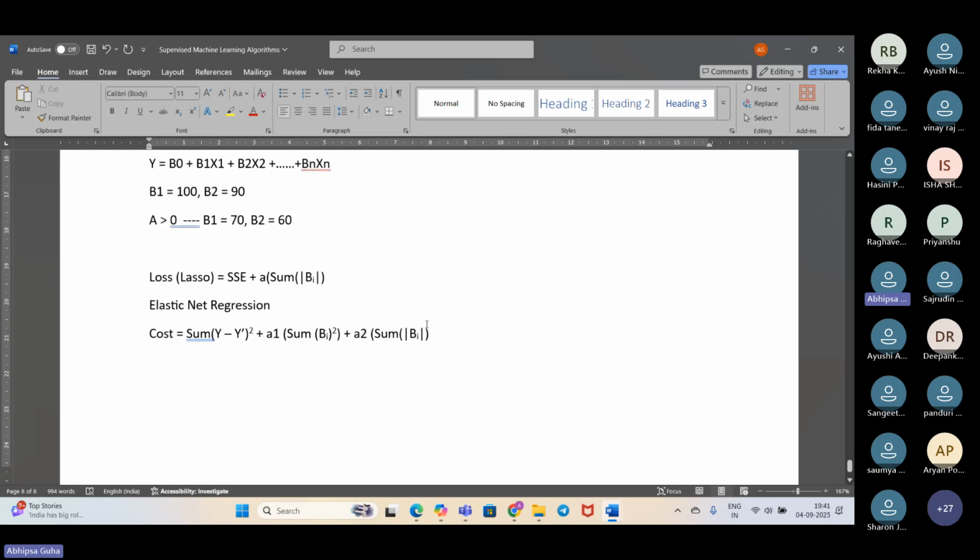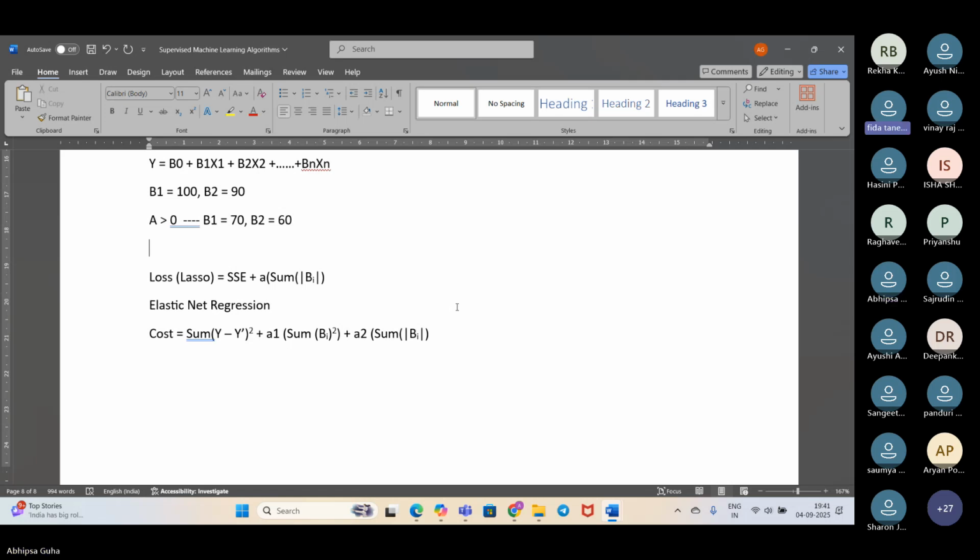Since the cost function is changing, and we are taking this alpha value for ridge, the value is shrinking, because that affects how we consider the B1 or B2 value, the coefficient value actually.